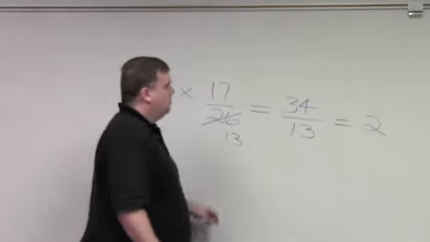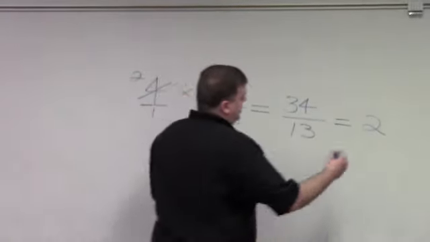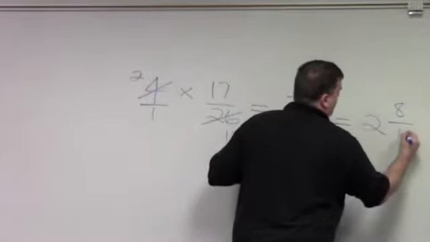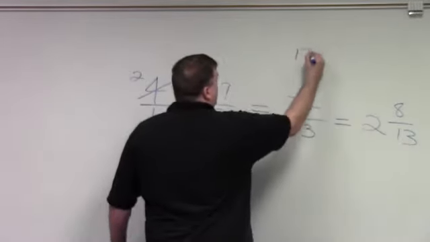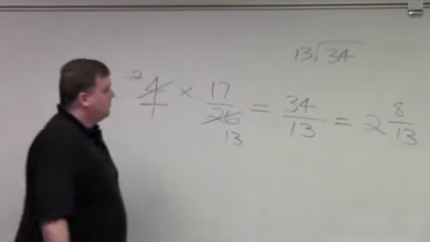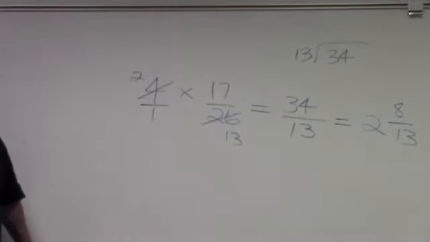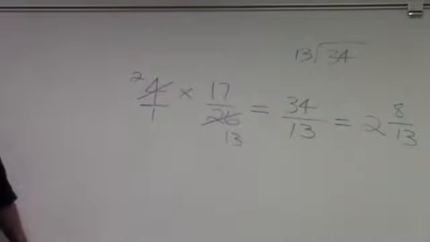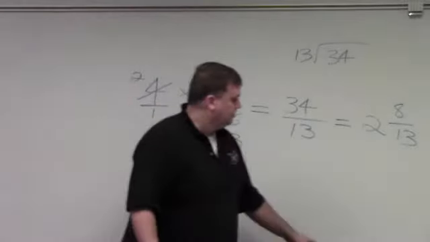And then what would our remainder be? 8 over 13. Correct. All we're doing there is dividing 13 into 34. Okay? Pretty good on that one.